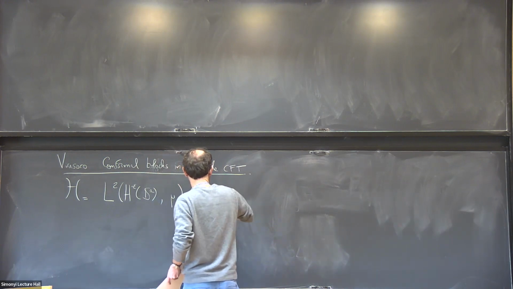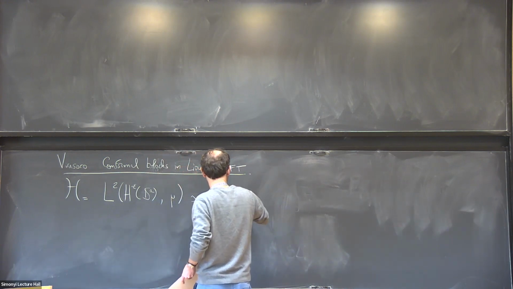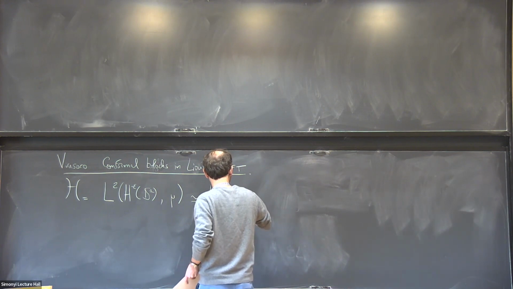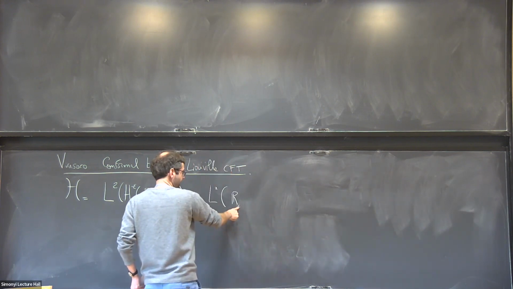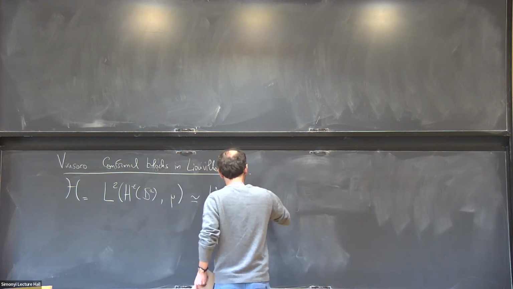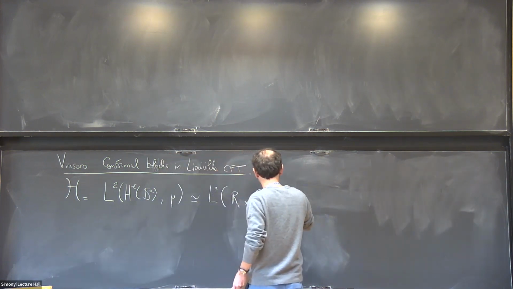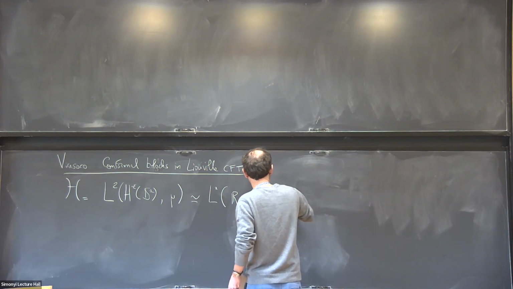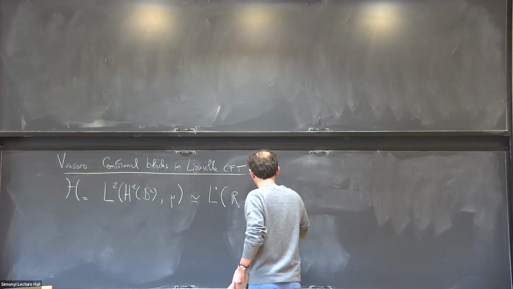This can also be viewed as L2 on the real line with the parameter c. c was this zero mode in Remy's talk, times L2 of omega, S1, which is like a set of sequences.